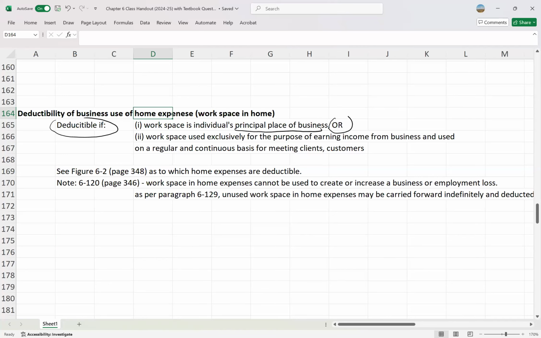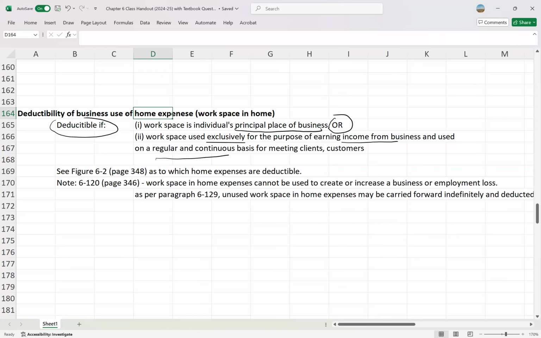Or another way of meeting this condition is the workspace that you're using in your house is used exclusively for earning business income, and you're using it on a regular and continuous basis for meeting clients and customers.